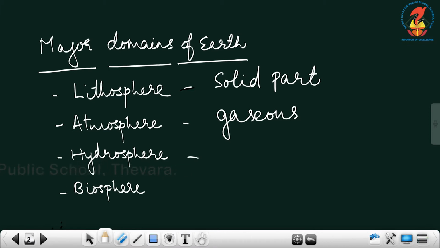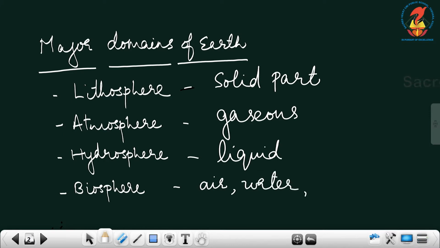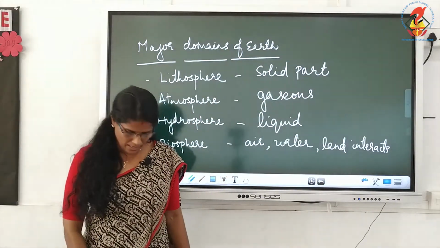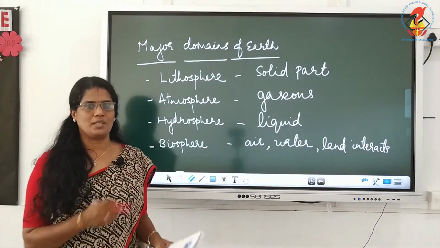Then hydrosphere is the liquid part. Then biosphere where air, water, land interacts. It is a narrow zone in which air, water and land interact with each other.